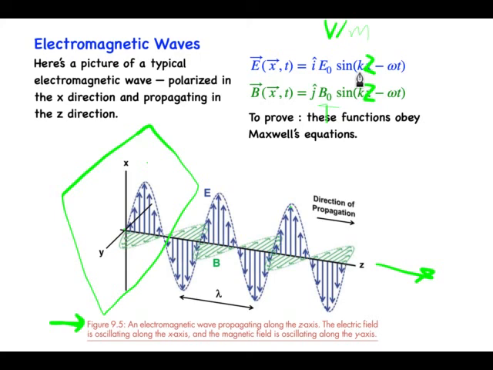It's the same wave number for both the electric field oscillations and the magnetic field oscillations. And furthermore, they have the same frequencies, the same angular frequencies. So we're going to see that these satisfy Maxwell's equations, but it'll only work if they have the same wave number and frequency.